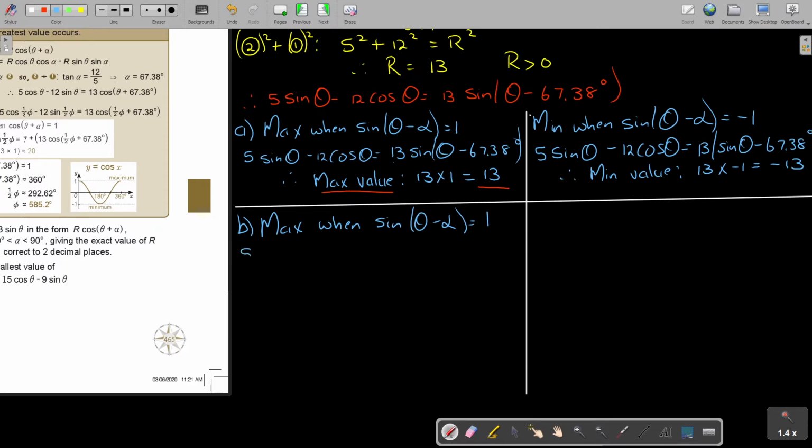So it's going to be 5 sin theta minus 12 cos theta, and due to that statement I'm going to put a bracket. So I'm going to say 13, using the red, 13 sin(theta minus 67.38).